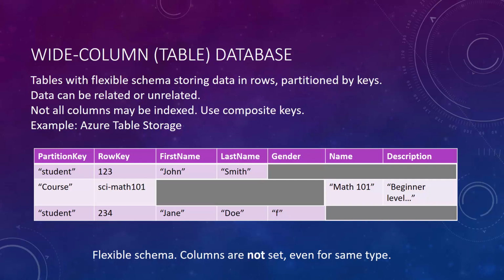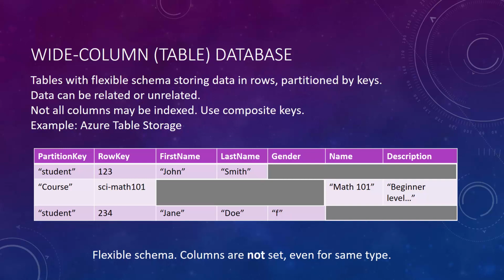So let's say I'm running a query to get a list of all my science classes, what I would do is I would say the partition key is going to be course, and the row key starts with the letters SCI. And this is a very effective way to quickly get very efficient results for our queries.